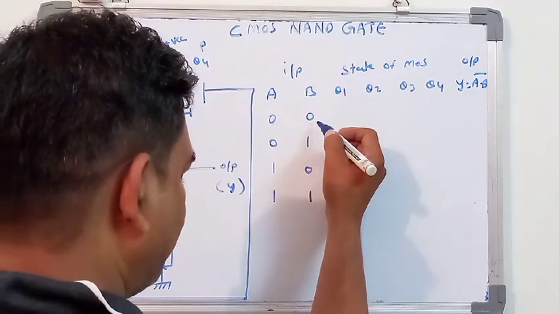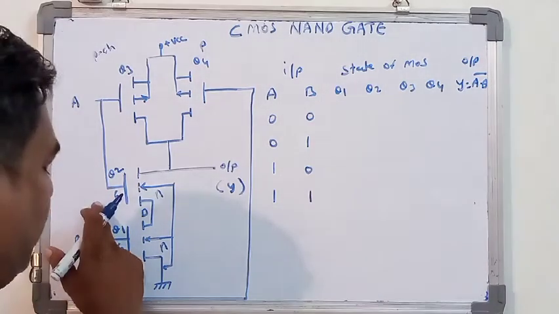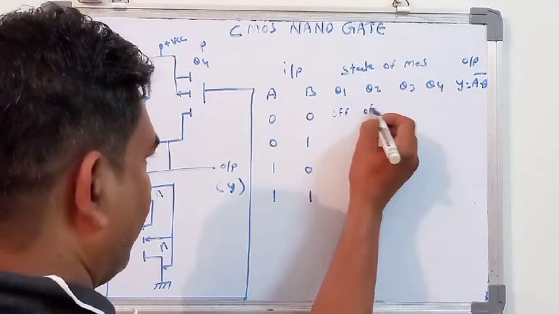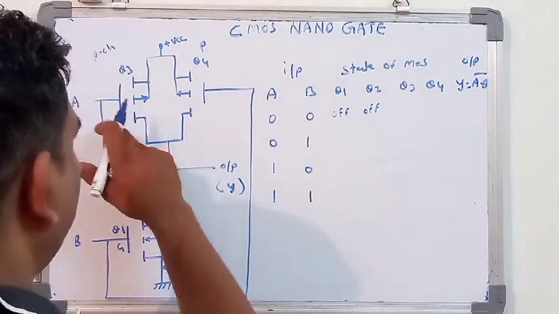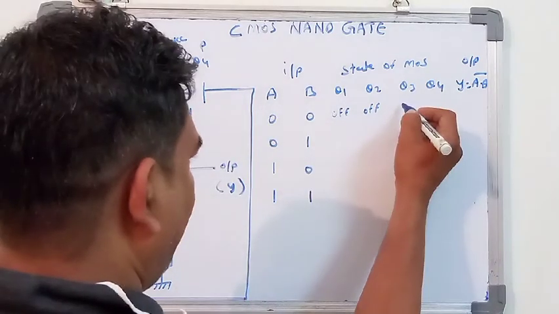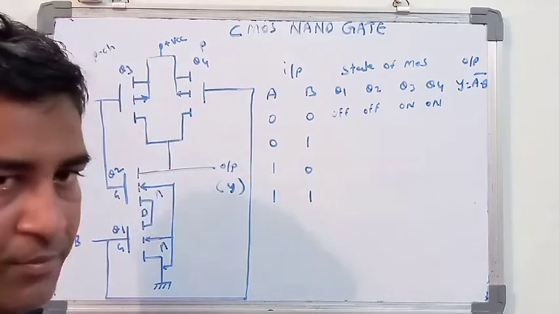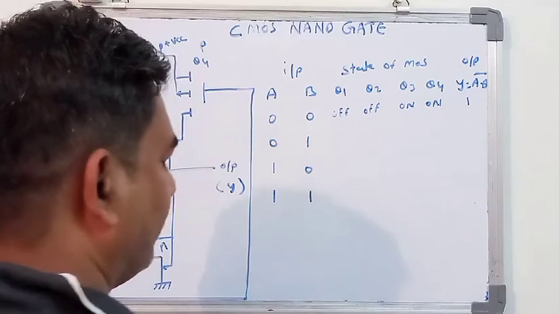At that particular instant, Q1 and Q2 both are in an off condition. As soon as they are off, Q3 and Q4 will be in an on condition. Then the output which will be reflected is 1.